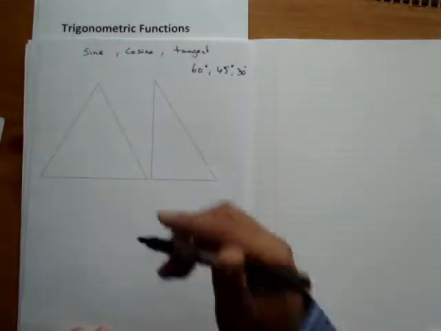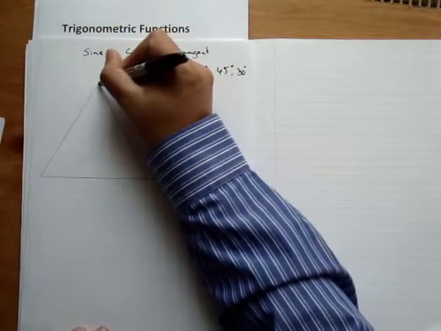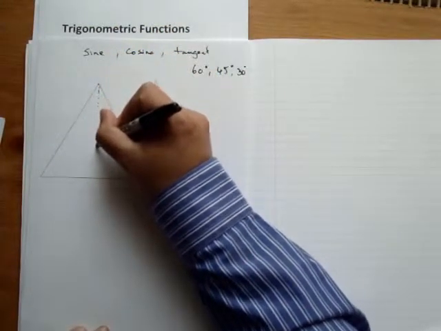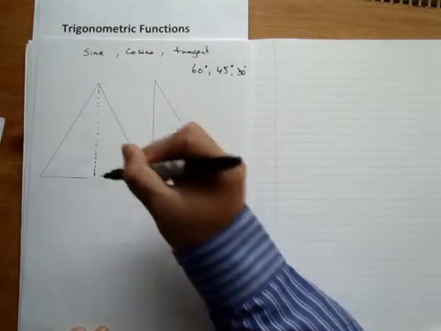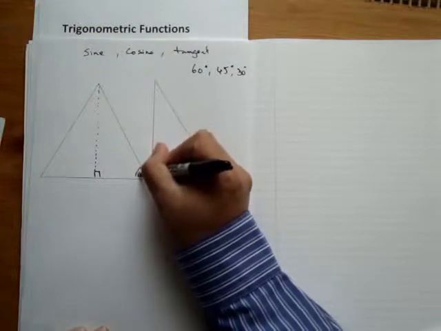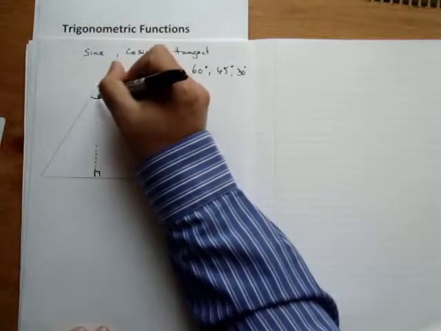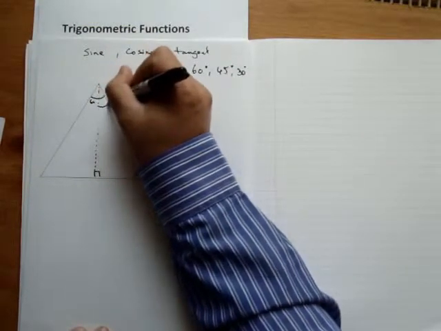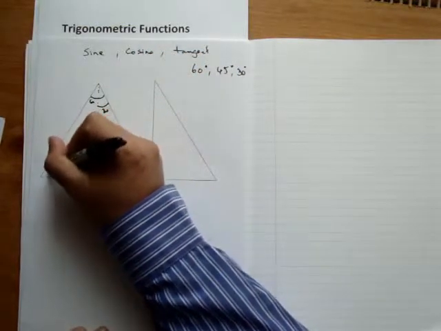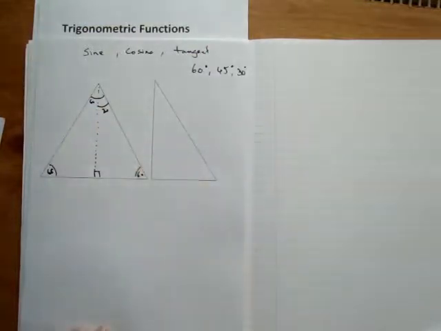So if we have an equilateral triangle and we divide it into two, this being a right angle, this is 60 degrees, this is 60. When we divide it into two, this becomes 30, and this is 60 degrees.